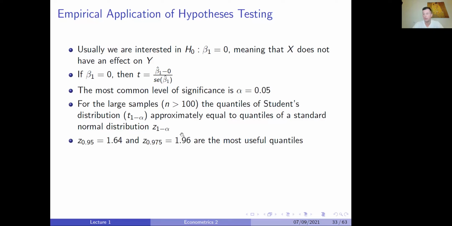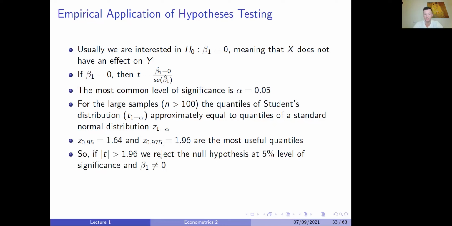And there are two most popular values for these z quantiles. For 95% it's 1.64, for 97.5% it's 1.96. So those are the most useful quantiles.